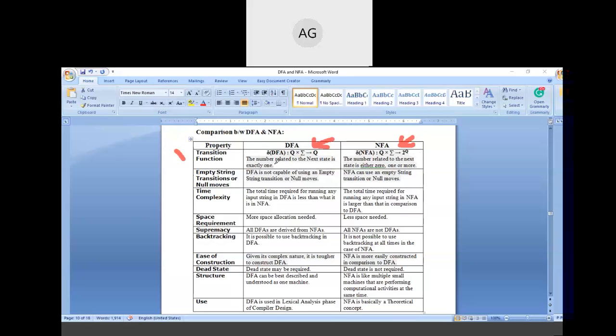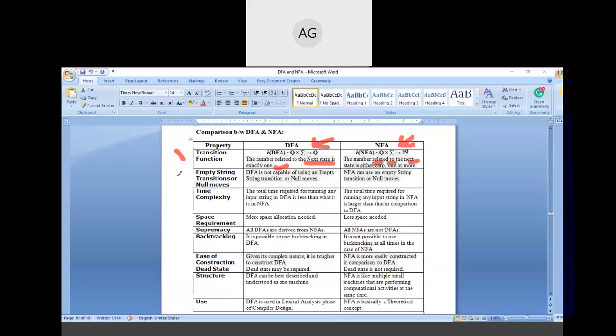In the case of DFA, the number of next states is exactly 1. That's why it is called DFA. Whereas in the case of NFA, the number of next states is either 0, 1 or more than 1. So that's how the transition function is 2 to the power Q.